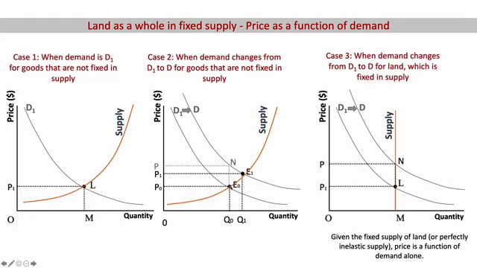But when the demand increases, the quantity demanded Q naught is now demanded at price P, corresponding to demand graph D rather than D1.